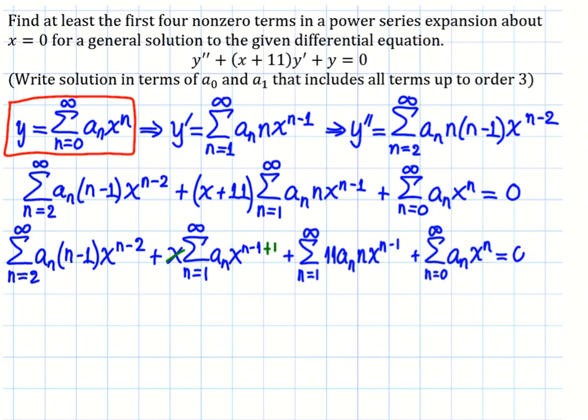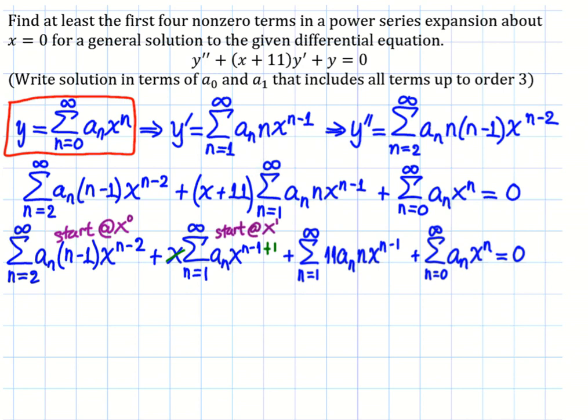In order to combine the series, we need to see where the series start at. The first series, when n equal to 2, we have x to the 2 minus 2. So this starts at x to the 0 power. The middle series, we start at x to the first power.